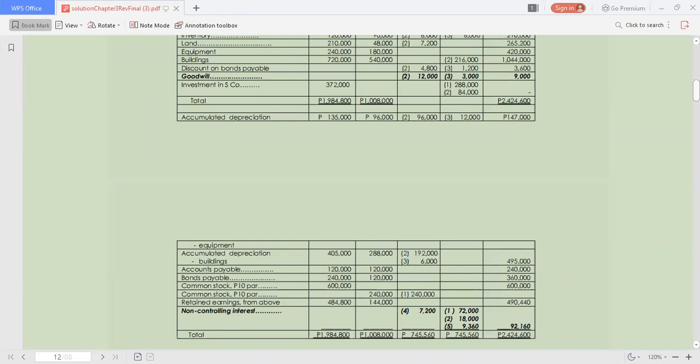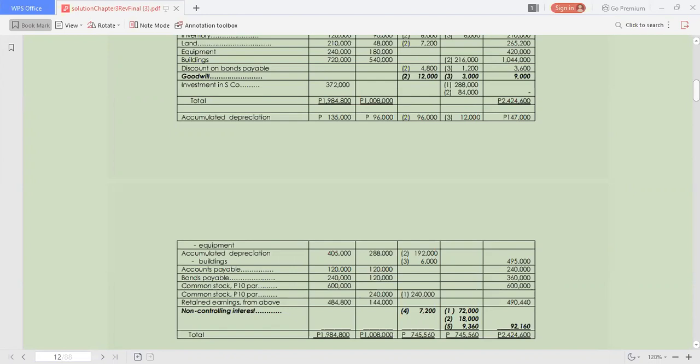So for the retained earnings from above, we have now 490,440 as computed. And for the non-controlling interest, number 1, 72,000. Number 2, credit of 18,000.